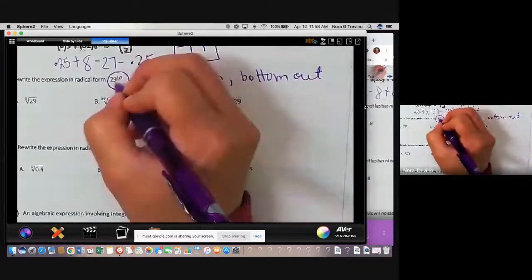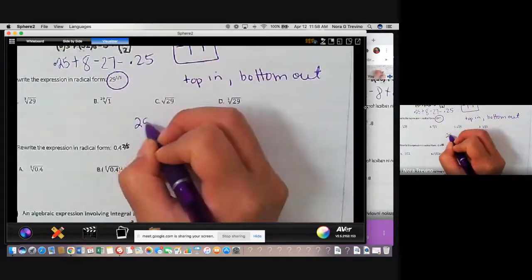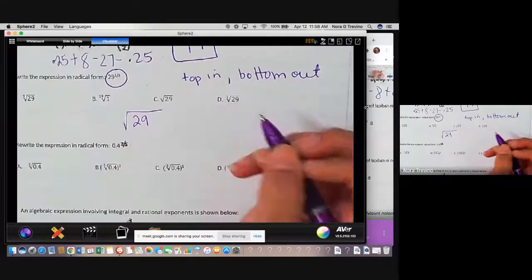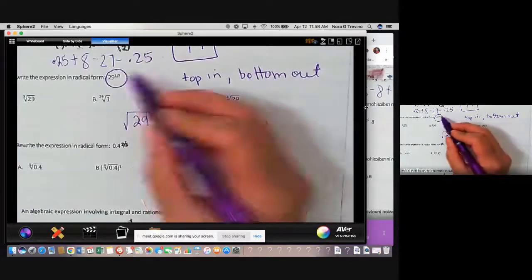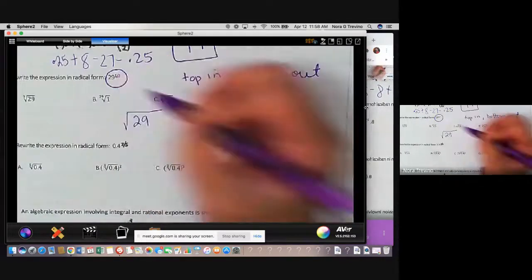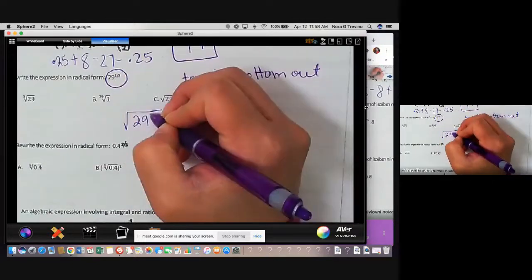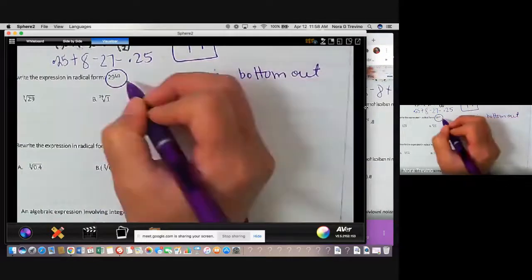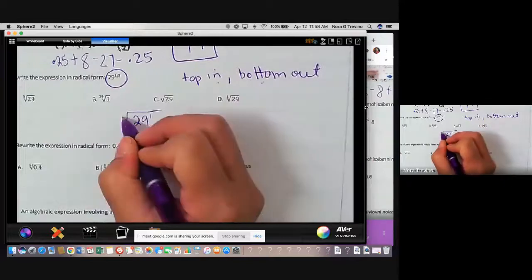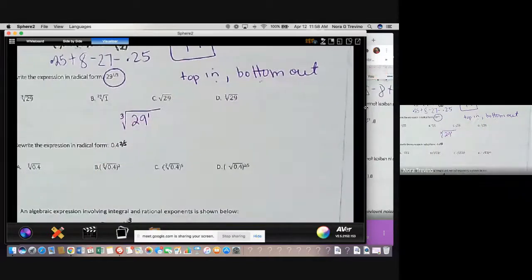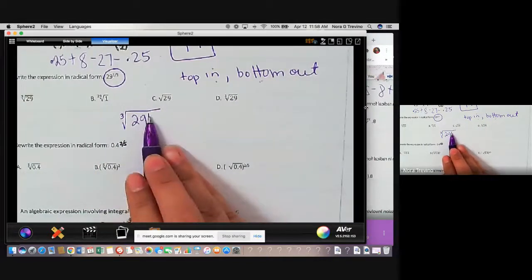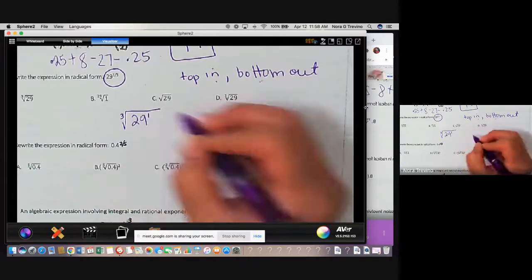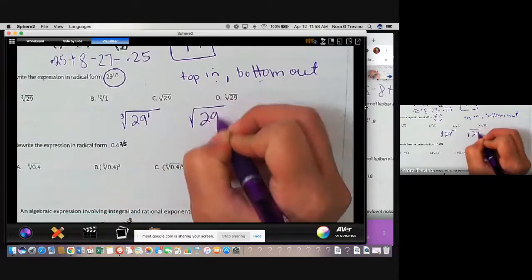So the big number goes inside your radical, okay? Then you look at your fraction. Top, that's your numerator. The numerator is 1, goes in. The denominator, the bottom, goes out. And that's it. Now, remember that they don't like to put once. So I can rewrite it just like this.